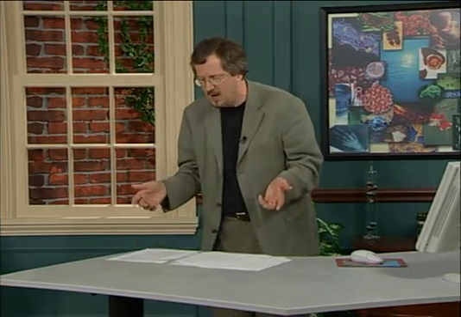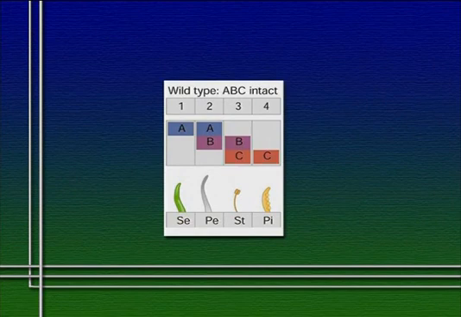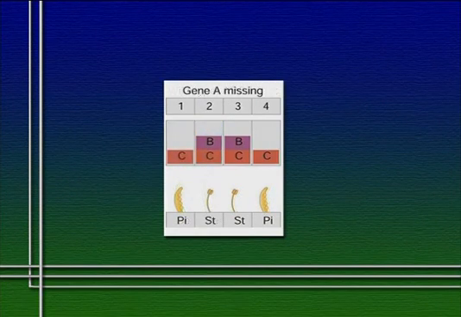And with that assumption in mind, let's go back and consider what we would expect for mutations of these genes. If gene A is lost because it's mutated, then the gene product for gene C is now expected to be produced in all 4 of these whorls or rings, because gene A is no longer inhibiting it in the outermost rings, and therefore we have gene C through all rings.